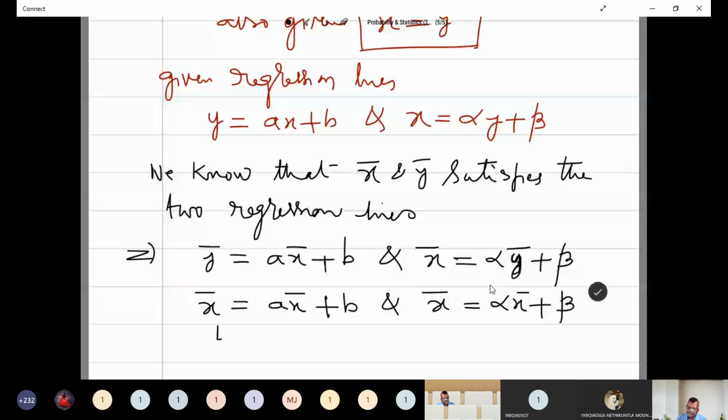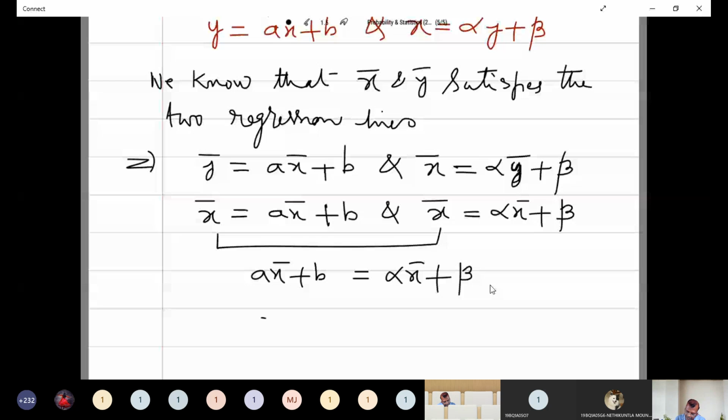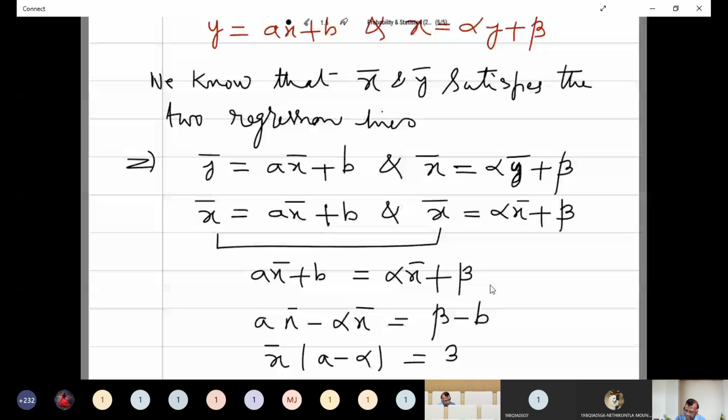Here both x bars are same, therefore equating the two equations, ax bar plus b is equal to alpha x bar plus beta. Taking to one side, ax bar minus alpha x bar is equal to beta minus b, or x bar into a minus alpha is equal to beta minus b.